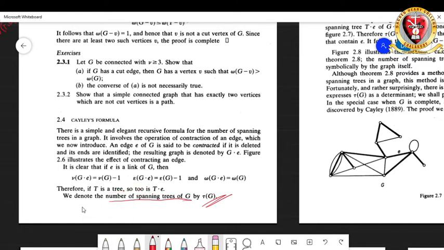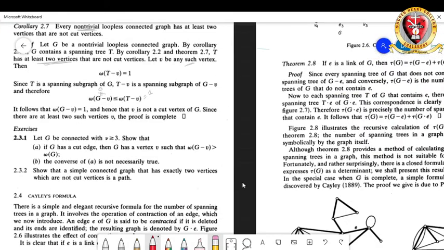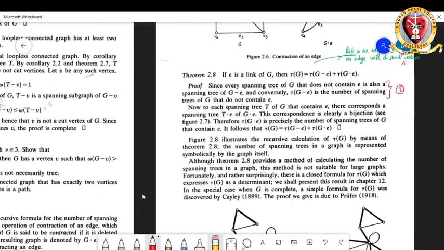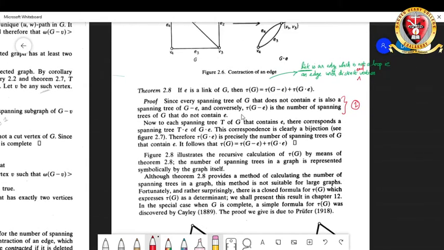That is a very good observation. Also please note that the number of spanning trees of a graph G is denoted as tau of G. The next theorem is based on how to find tau of G for a random graph.